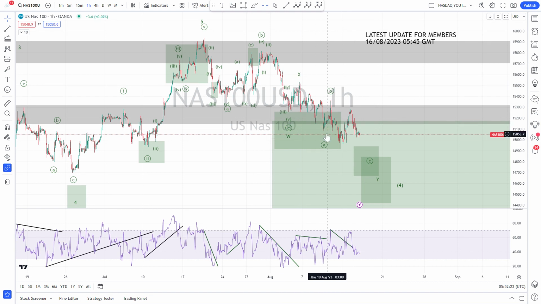So I believe this is the A, this is the B, and now we are working on the C. So we are able to define some areas of interest.